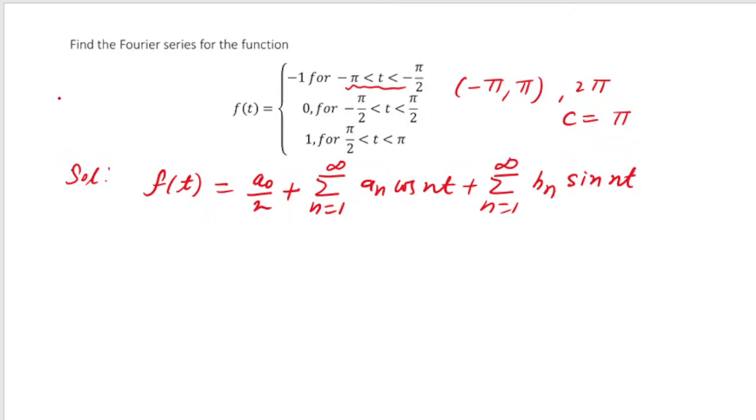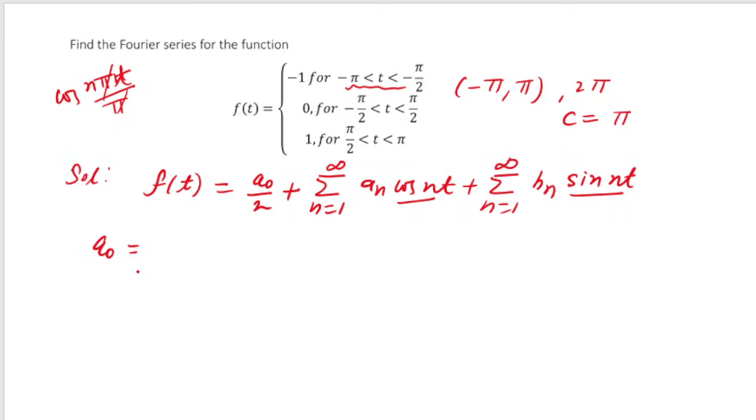I hope you understand that in general we write cos n pi x by c or n pi t by c, because c is pi, so this will just be cos nt and sine nt.